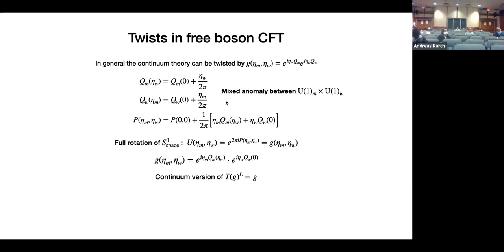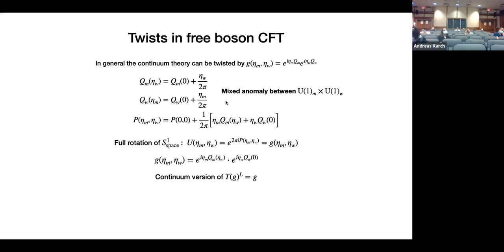So we can try to do it in this free boson CFT. T to the L, in that case, is just a full rotation of the spatial circle. So we can do a full rotation, e to the 2 pi i times the momentum, and see what we get. We'd like this full rotation to be equal to the spatial twist, the symmetry element that now twists the space.